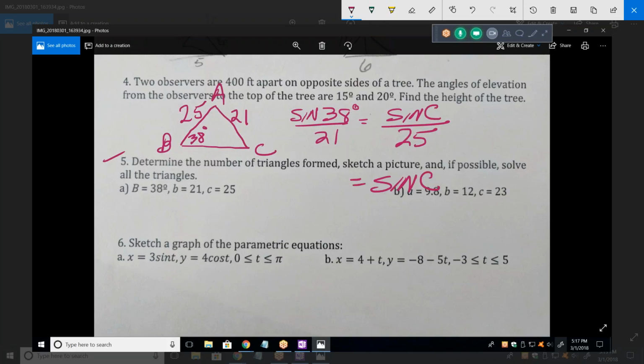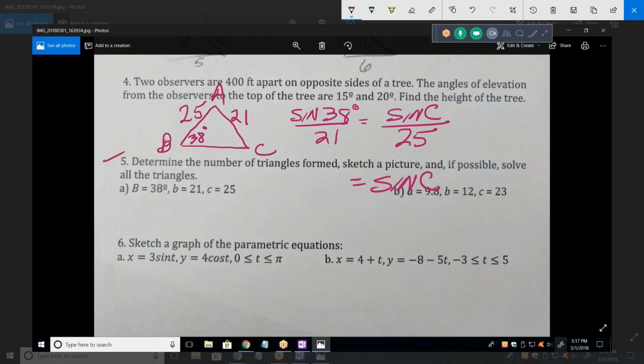Here's a case where you don't have to cross multiply, and in fact, it's self-defeating. All you have to do is multiply both sides by 25. The reason you don't want to multiply the right side by 21 is that then you're just going to have to divide by 21.